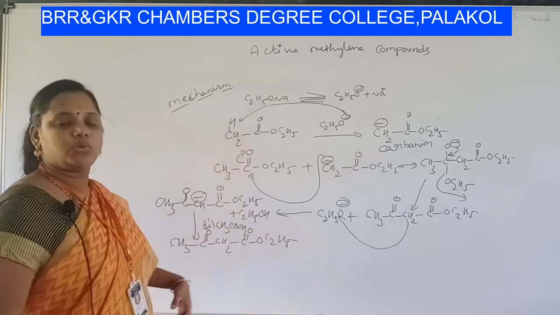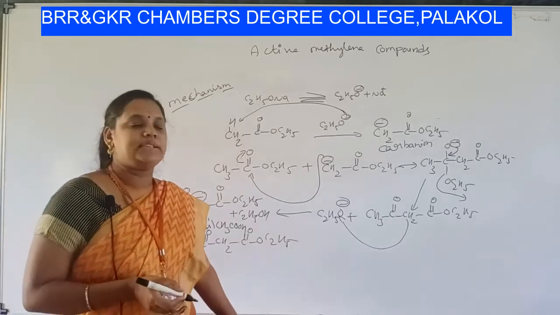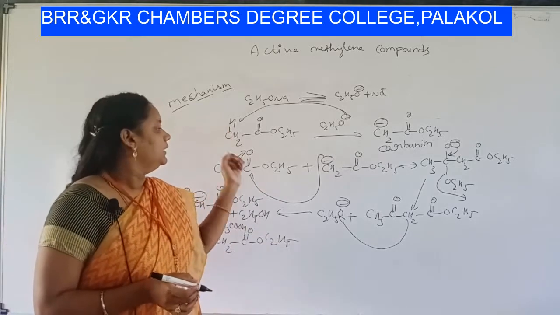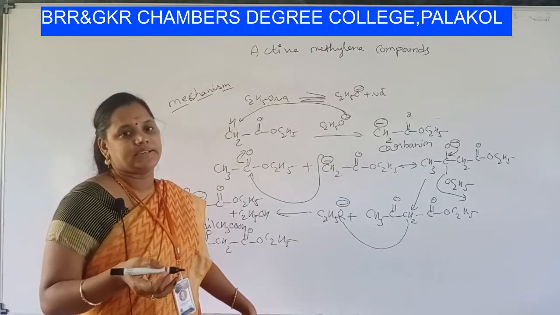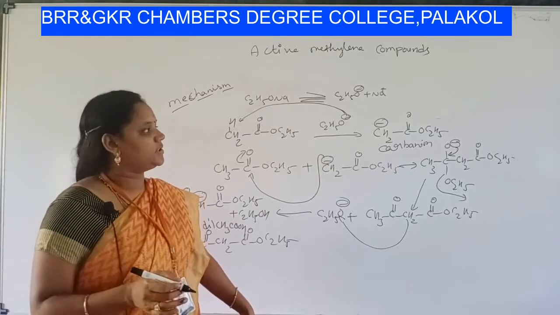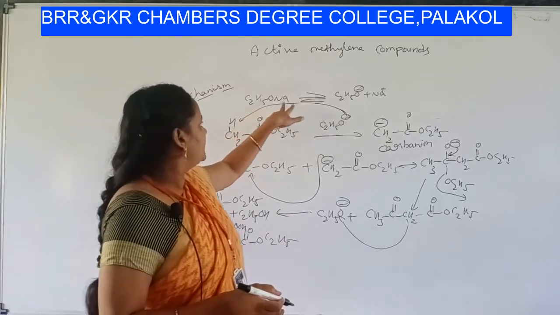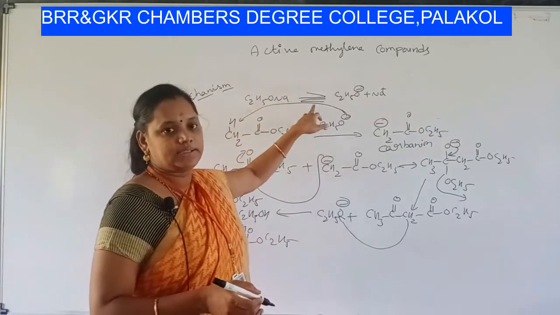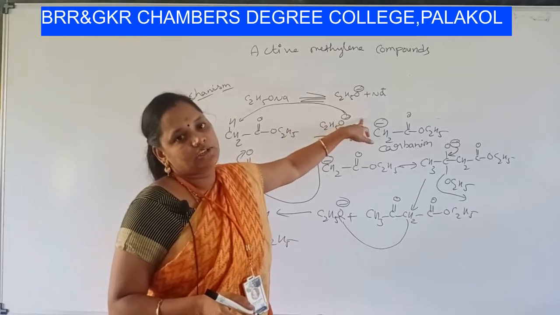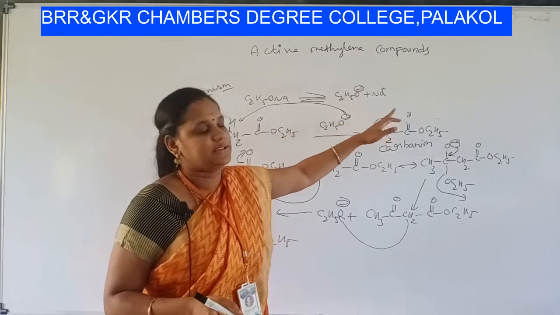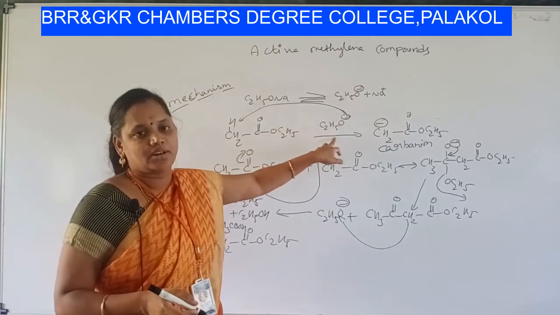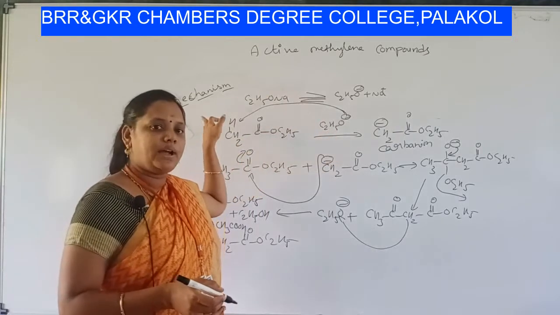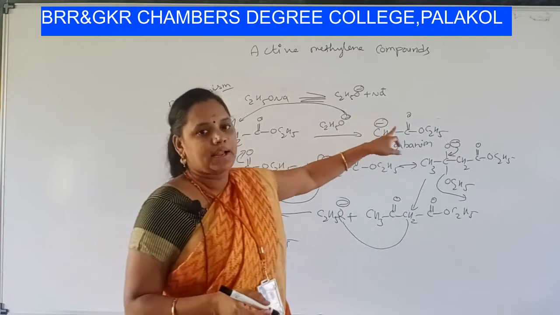In this way, through this mechanism, we can easily prepare ethyl acetoacetate or acetoacetic ester using the Claisen reaction. In the first step, the sodium ethoxide is ionized into C2H5O minus plus Na plus. In the second step, the ethoxide ion takes up the alpha hydrogen to form a carbanion.